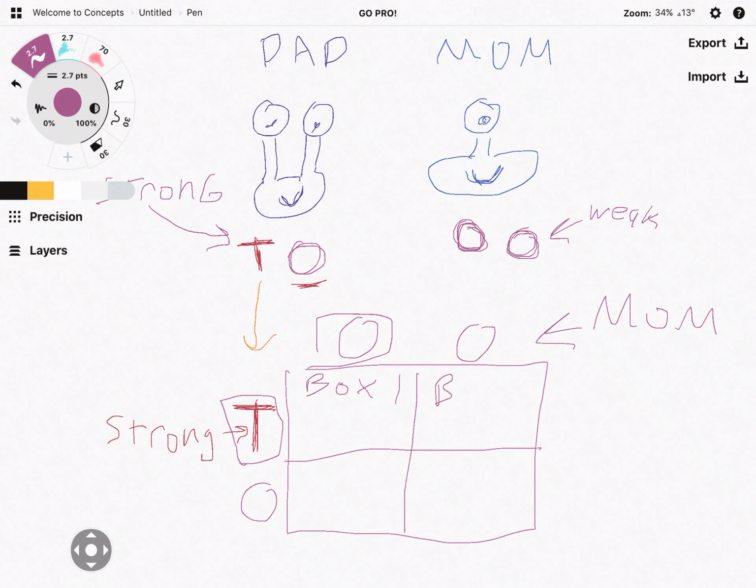Then same for box 2. Same for box 3. Same for box 4. So go ahead, pause the video. I want you to draw what kind of kids would happen. And after you're finished, come on back and we'll go through the answer together.